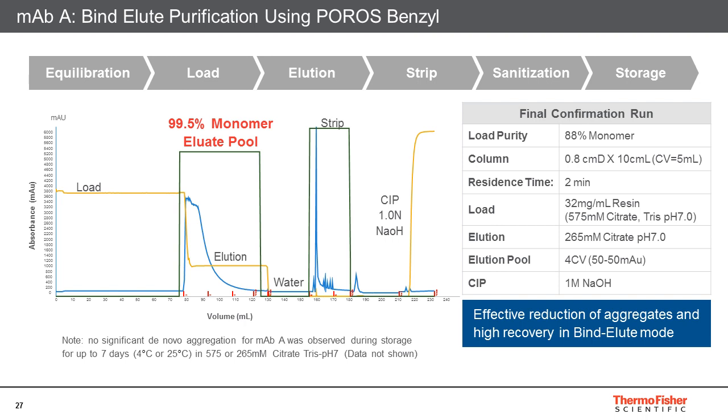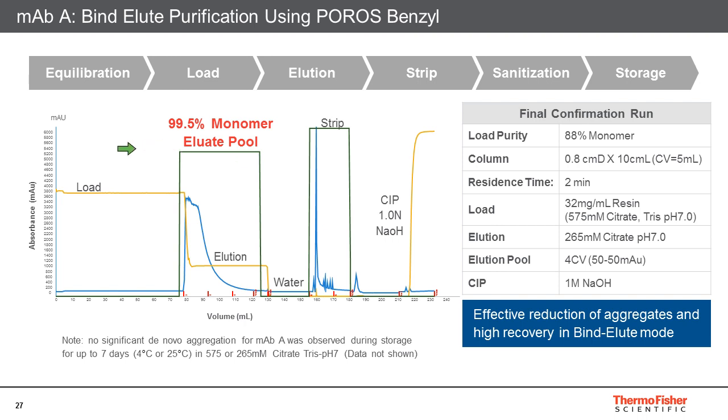So next we focused on developing the elution step, and we knew based on our screening studies that sodium citrate at around 200 millimolar salt concentration showed the highest monomer selectivity and elution behavior. So based on that knowledge, we optimized elution around this salt concentration, as well as the pooling criteria and residence time.